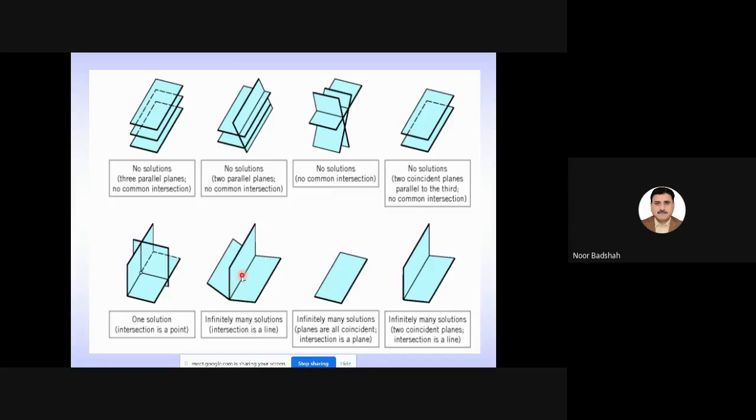So in this case, we are having many solutions. If all the three planes are same, they lie on each other, so many solutions. If two of them are lying on the same position and the third one is somewhere else, in that case, we are also having infinitely many solutions.